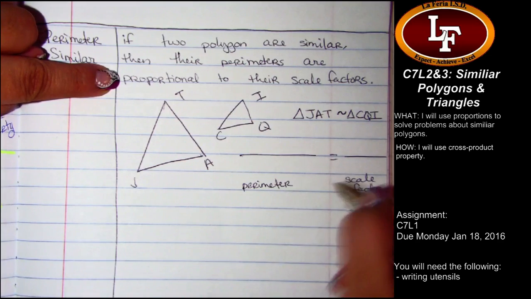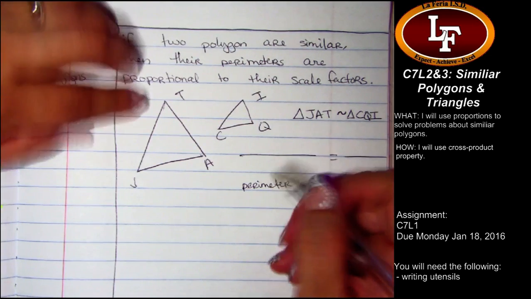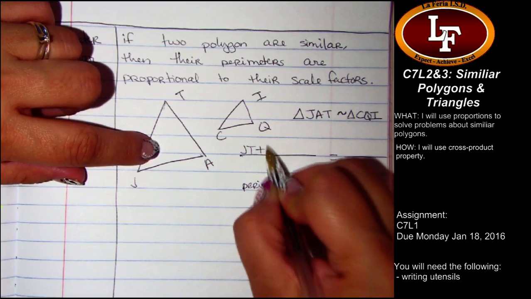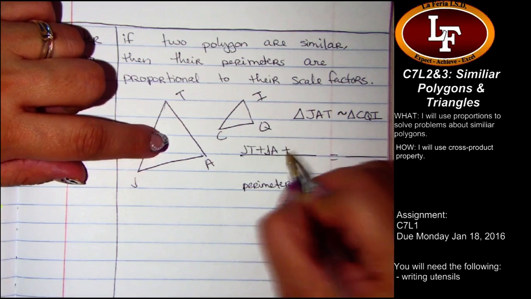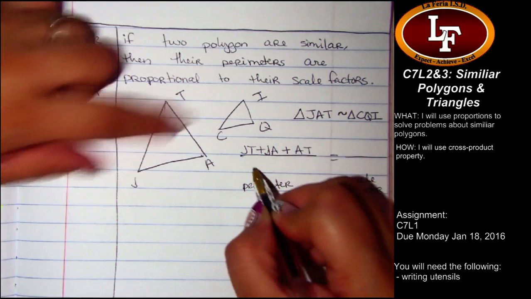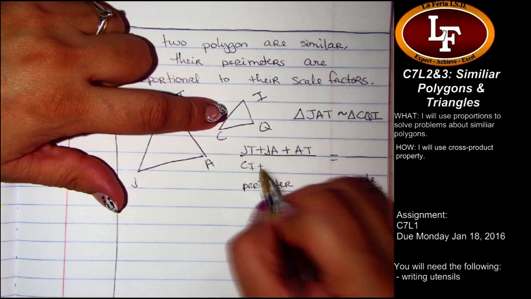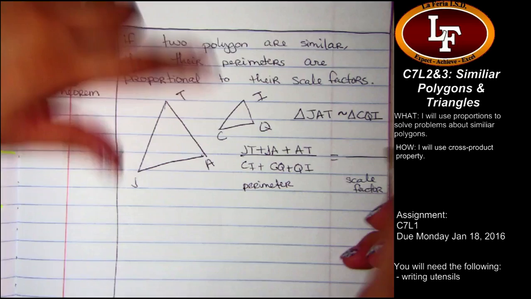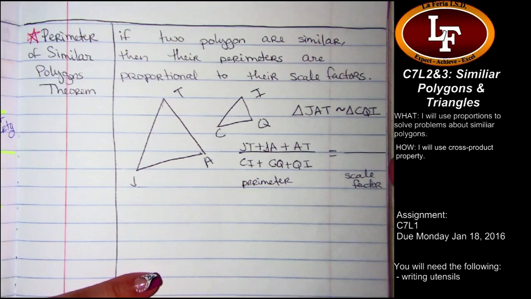All right, let's find the perimeter first. Let's see, JT plus JA plus AT, CI plus CQ plus QI. All right, we've got all 3 sides.